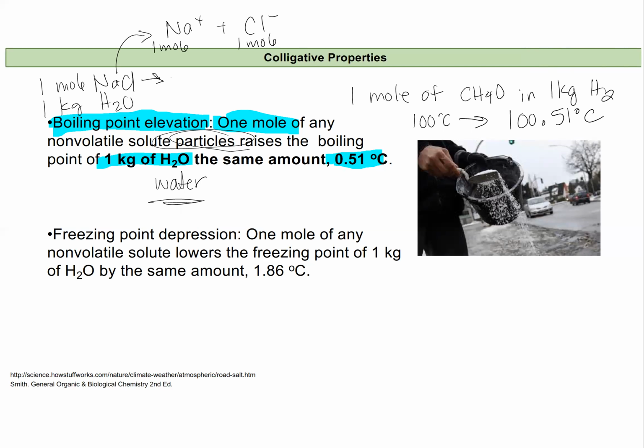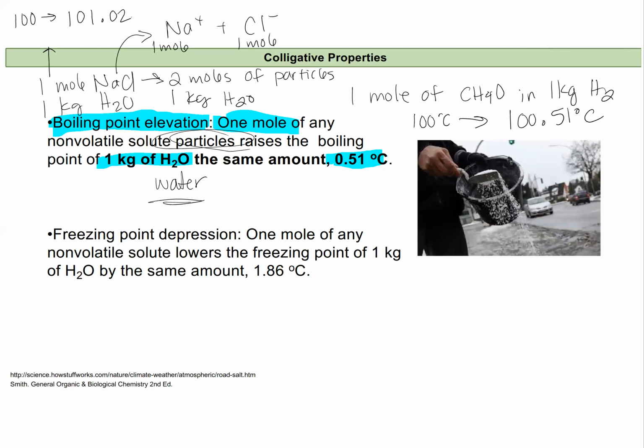So I'll really have 2 moles of particles in 1 kilogram of water. So my boiling point would go from 100 to 101.02. So a bit more of an increase.